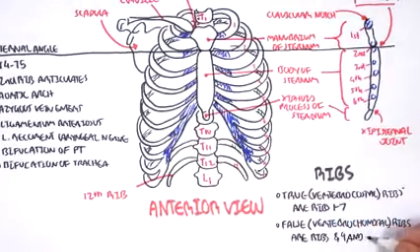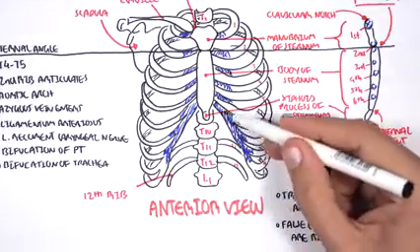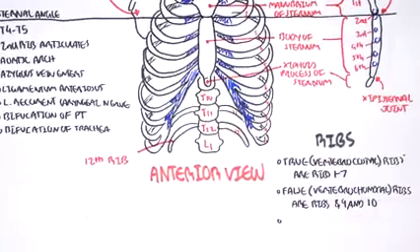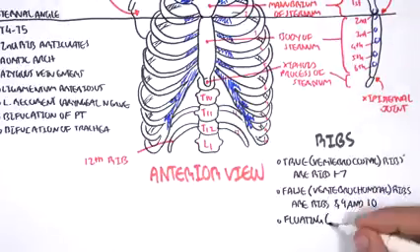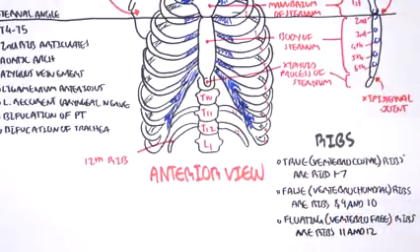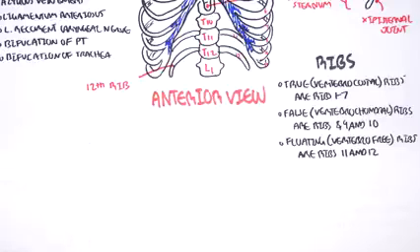These ribs originate from the vertebra and attach to the sternum by joining to the cartilages of ribs 6 and 7. Finally, you have floating ribs, or the vertebral ribs, which are ribs 11 and 12. These are the ribs that originate from the vertebra, but don't attach anywhere.